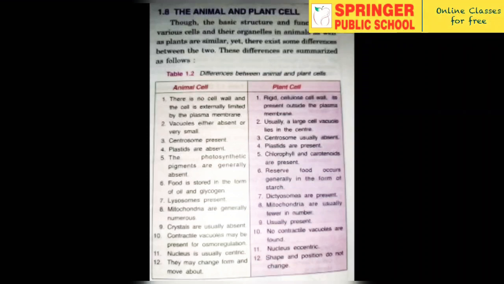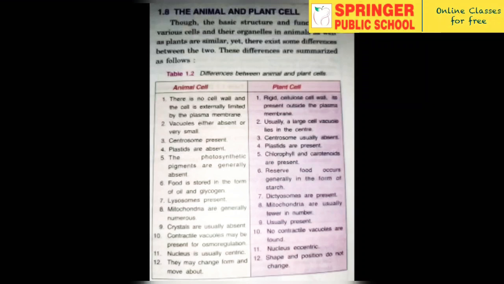Now the big one, mitochondria. You are much familiar with the mitochondria. You know that mitochondria is the powerhouse of the cell, and it is present both in plant as well as animal cells. This power is generated by mitochondria in the form of ATP, adenosine triphosphate. Move ahead.